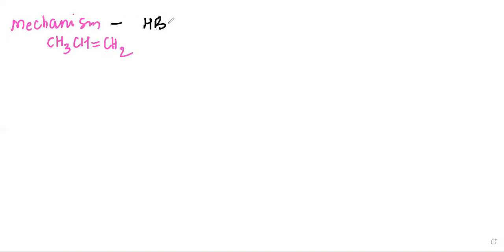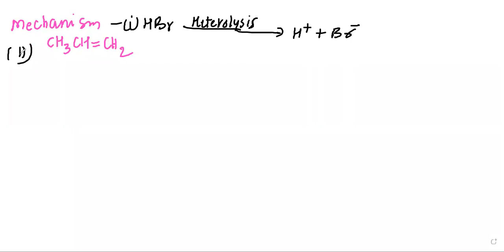This HBr undergoes heterolysis, and we get H plus and Br minus. Now in the second step, this H plus reacts with propene. This is propene and we add H plus.